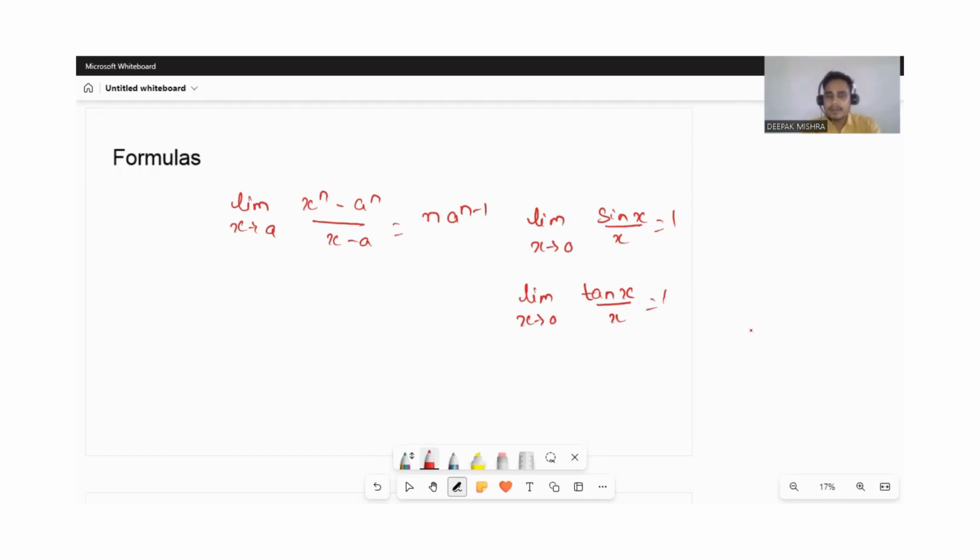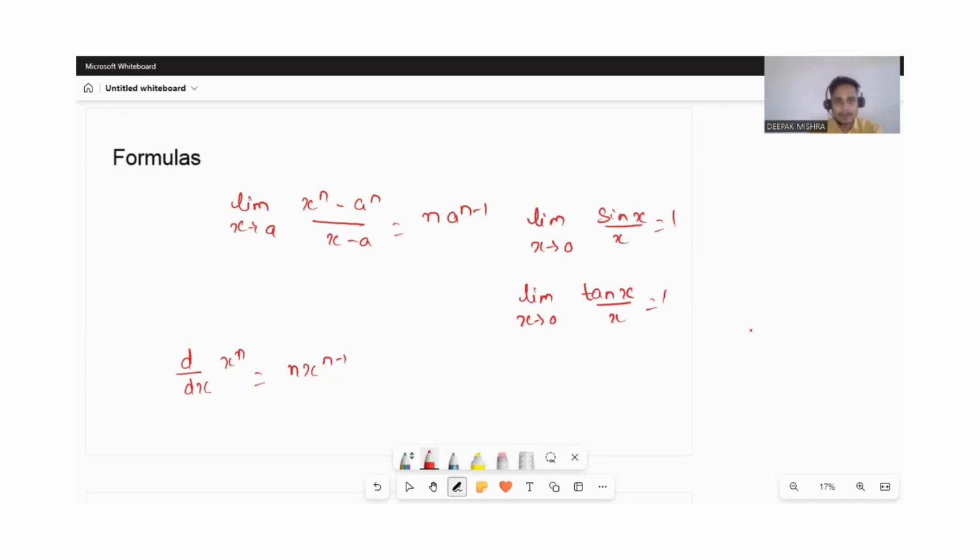Now the important formulas related to the differentiability, the basic and most important formulas related to dy/dx. Suppose we have a function f(x) and we have to find its differentiation, then we use dy/dx of f(x), that is f'(x). The first formula: dy/dx of x to the power n is n x to the power n minus 1.